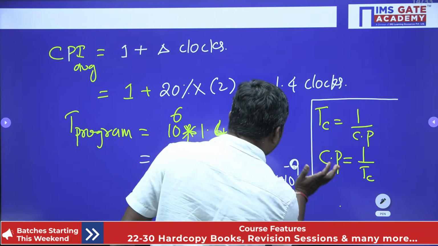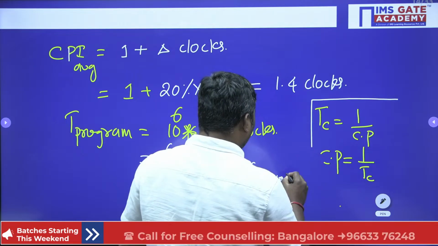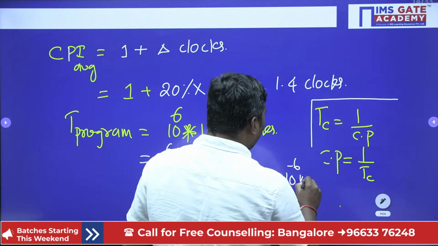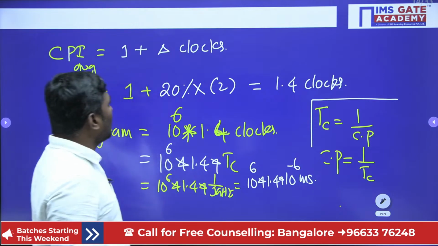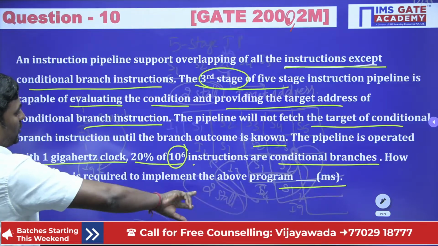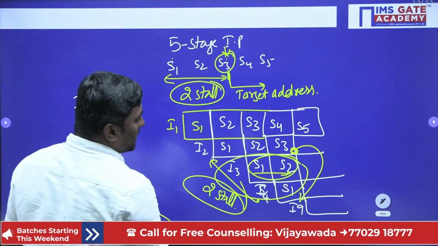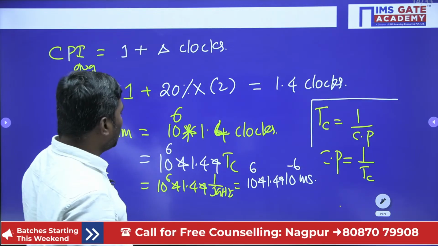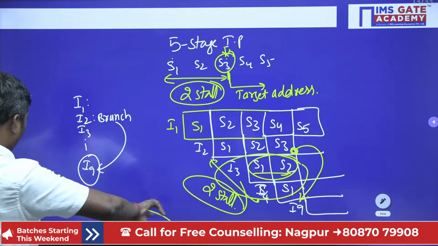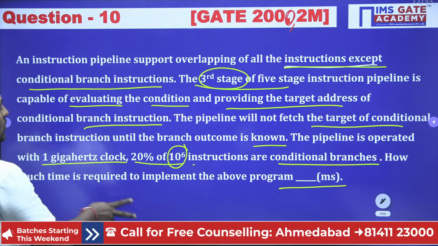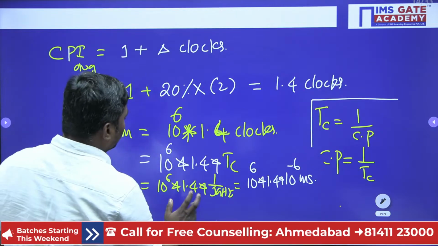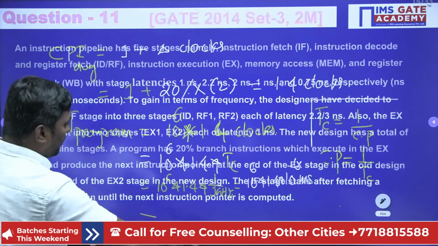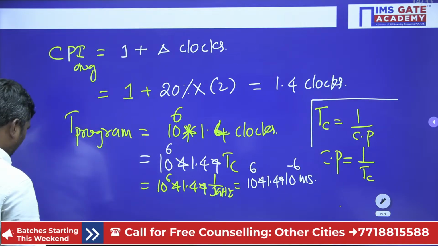I can write this as 10 power of minus 6 milliseconds, because they asked in the unit. What unit did they ask? In milliseconds only they asked, right? You can also check it. They gave 1 gigahertz only. So let me write it properly.